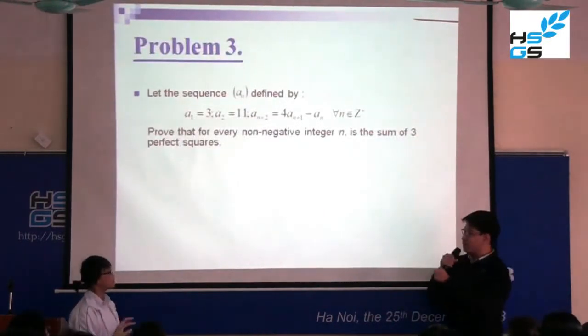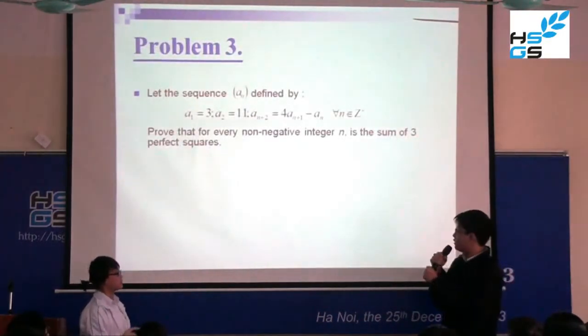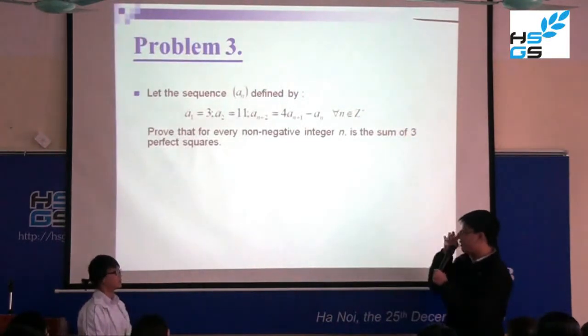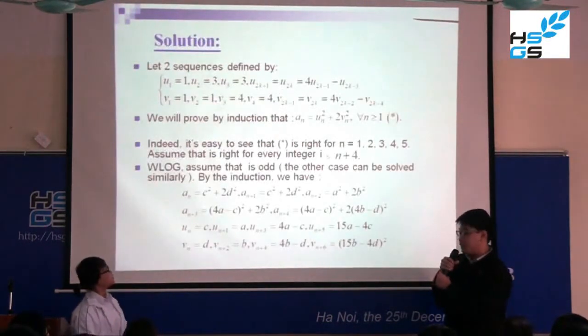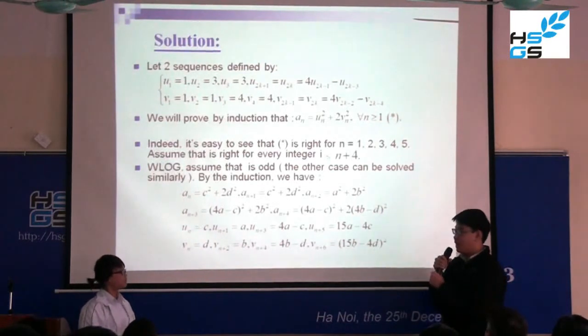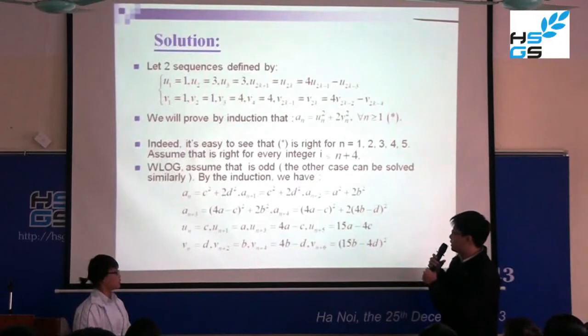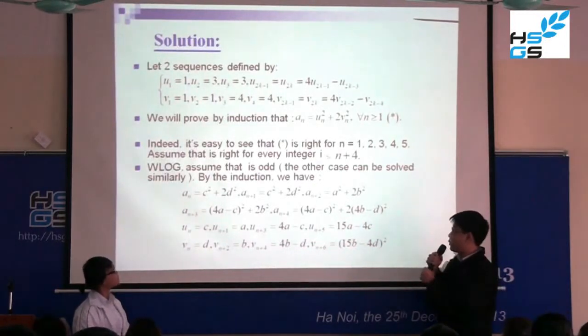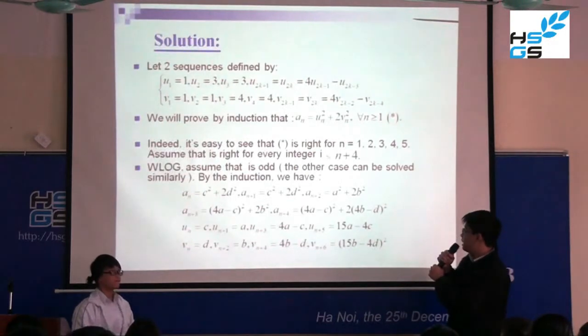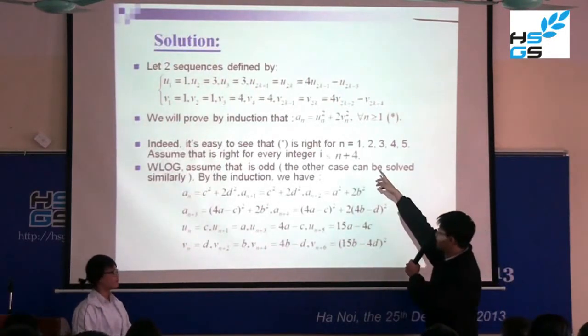So you can see that with this kind of special question, we have to try some small values such as a1, a2. So we will have to get the expression of the sequence that is the sum of 3 perfect squares, and introduce the two sequences like this.